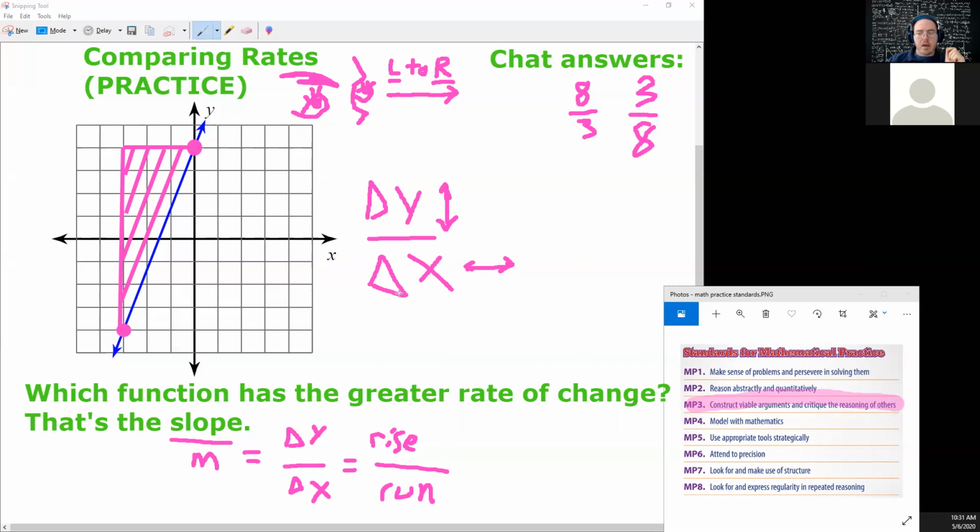So we always want to count the rise over the run, the change in y, the up change goes first. So 1, 2, 3, 4, 5, 6, 7, 8, it definitely goes up 8, and it goes over 3.